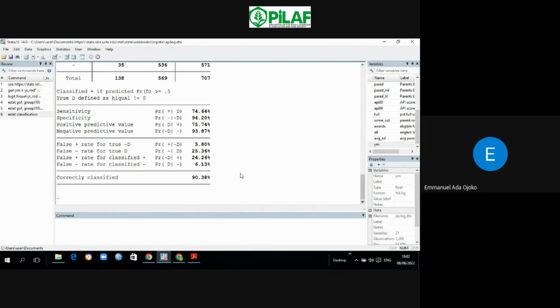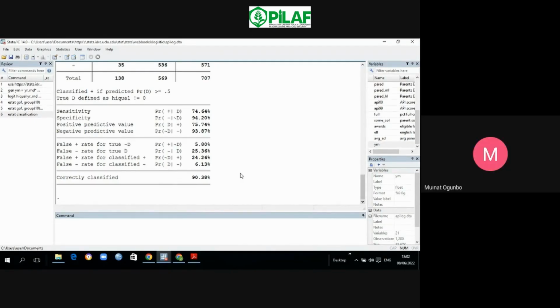How do you conclude whether it is high or low? Our cutoff point for our prediction is 0.5. That 0.5 is what you are taking as your threshold, your cutoff for the predicted probabilities. So that's like 50%, and what we have there is 90.38, way above that.